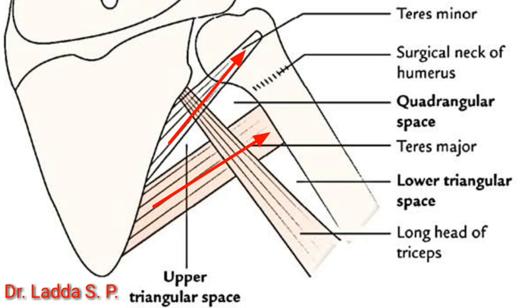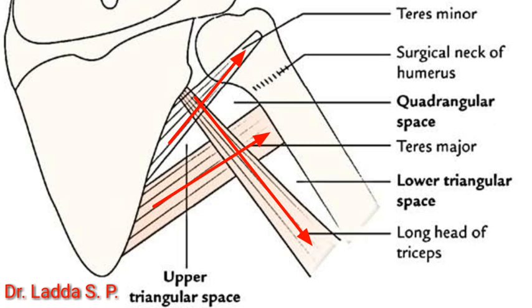In the same sense, look at the third muscle, the long head of the triceps. We know the triceps has three heads: long head, medial head, and lateral head. The medial and lateral heads take origin from the humerus, whereas the long head takes origin from the inferior glenoid tuberosity, just as the superior glenoid tuberosity gives origin to the biceps. Biceps from the superior tuberosity of the scapula and triceps from the inferior glenoid tuberosity of the scapula.